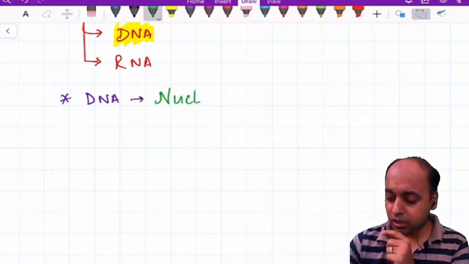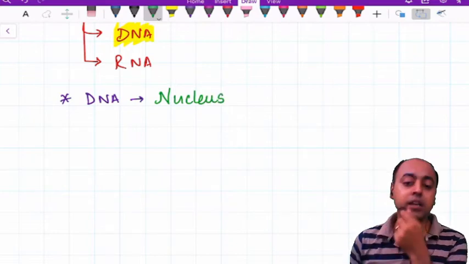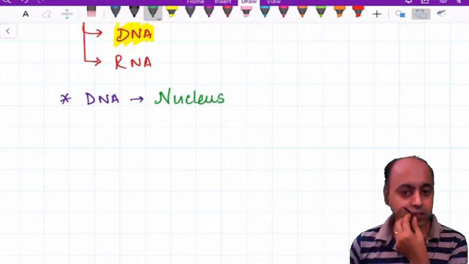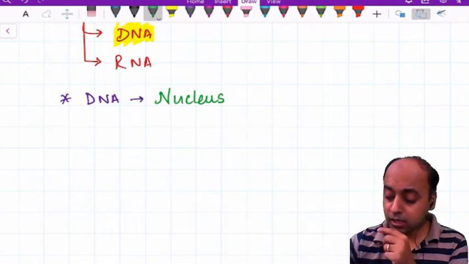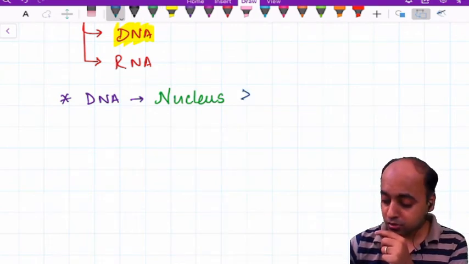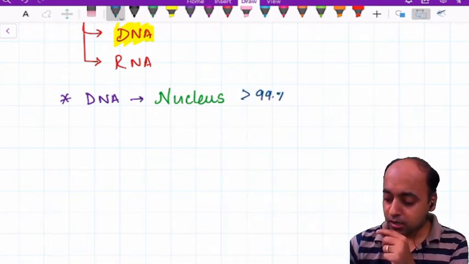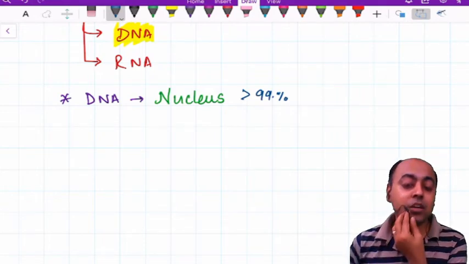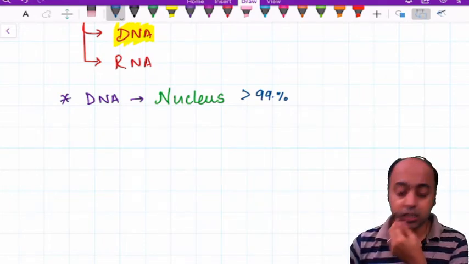Majority of the DNA will be found inside the nucleus of the cell. More than 99.9% of the cellular DNA will be in the nucleus.